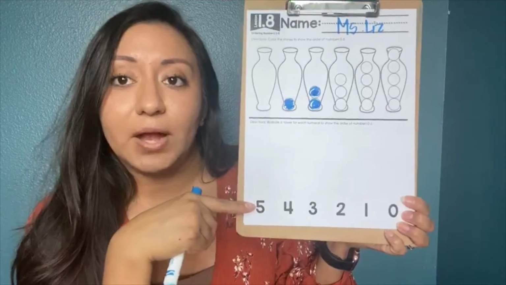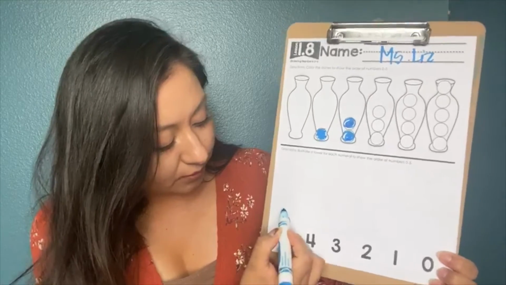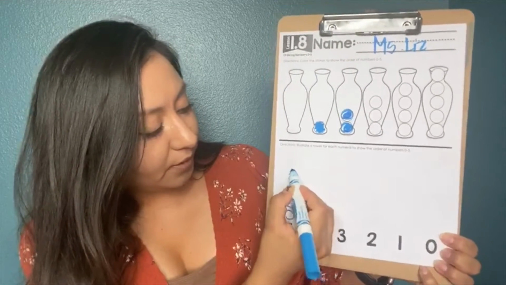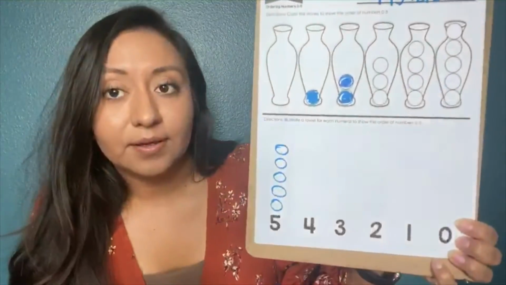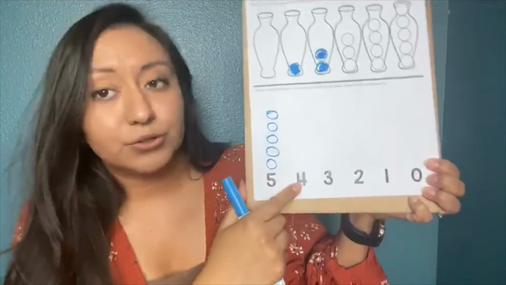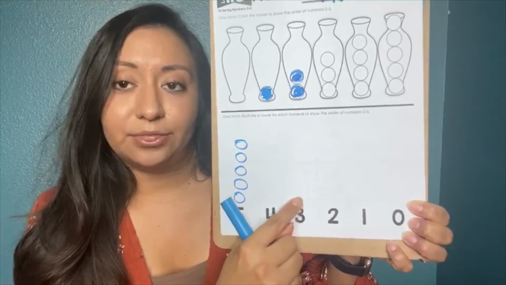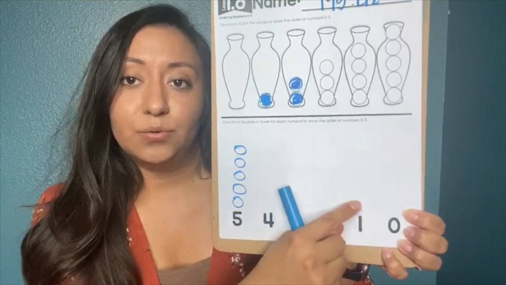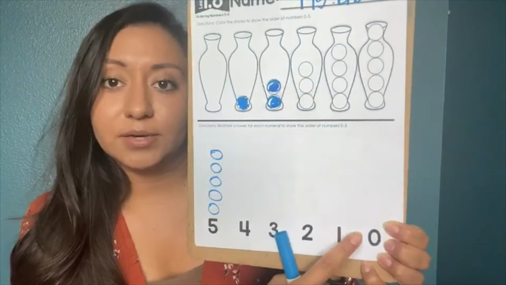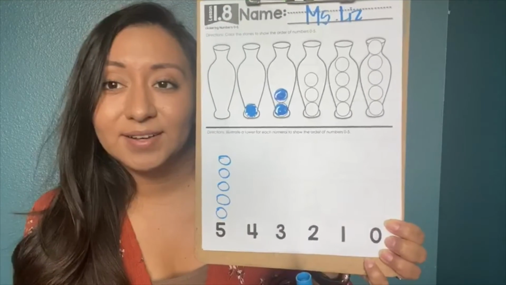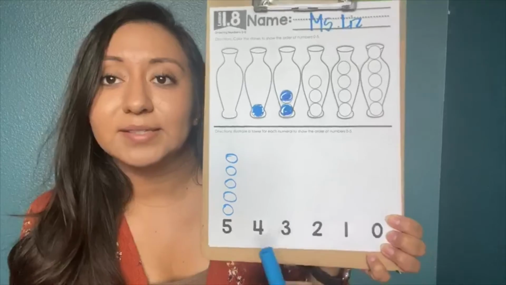So we have 5. 1, 2, 3, 4, and 5. All right, and now you're going to do 4. You're going to draw 4, and then 3, 2, 1, and 0. Are we going to draw anything here? No, right? Because 0 means none.